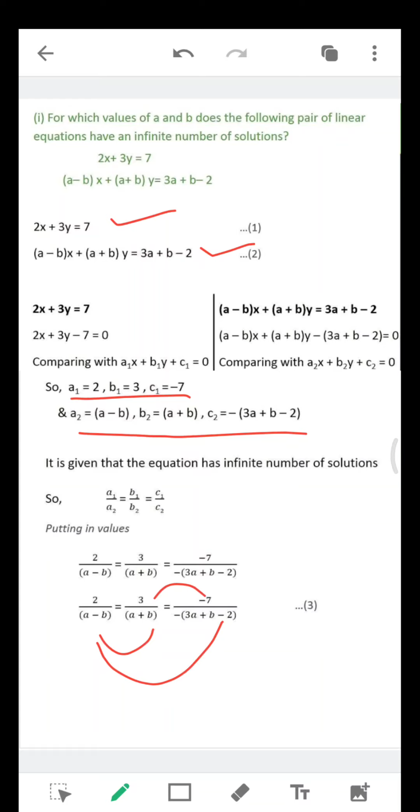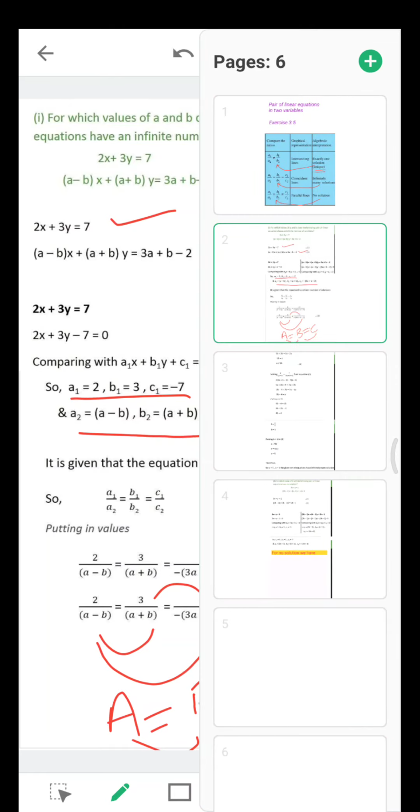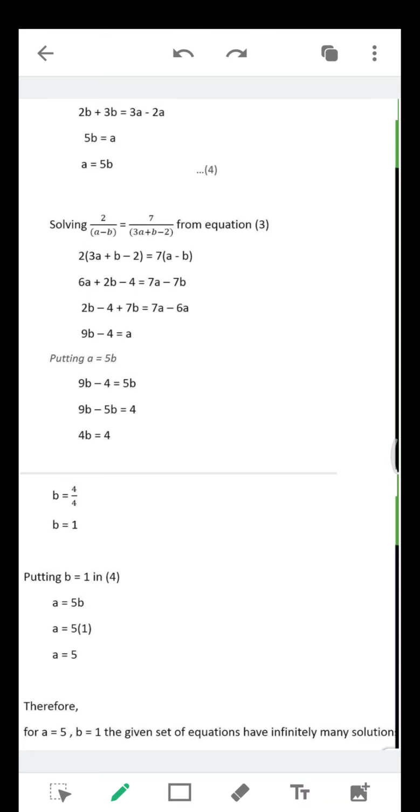All three are equal. If a is equal to b and b is equal to c, this is one of Euclid's axioms: things equal to the same thing are equal to one another. So I can say a is equal to b, b equal to c, or I can also say a is equal to c. So we can equate in this way. Let's see what to do next.